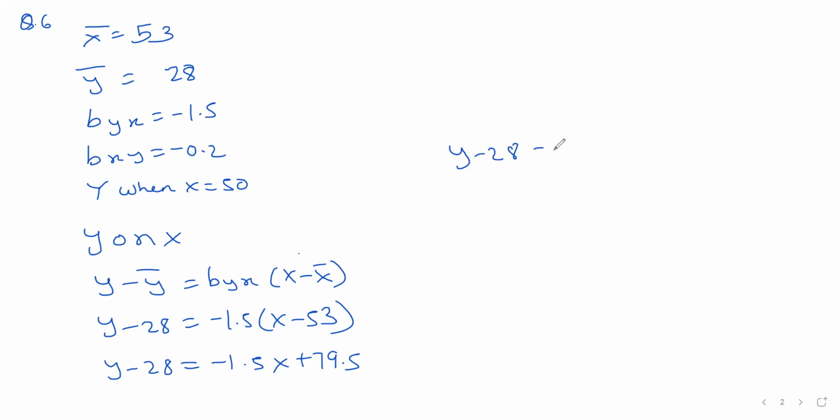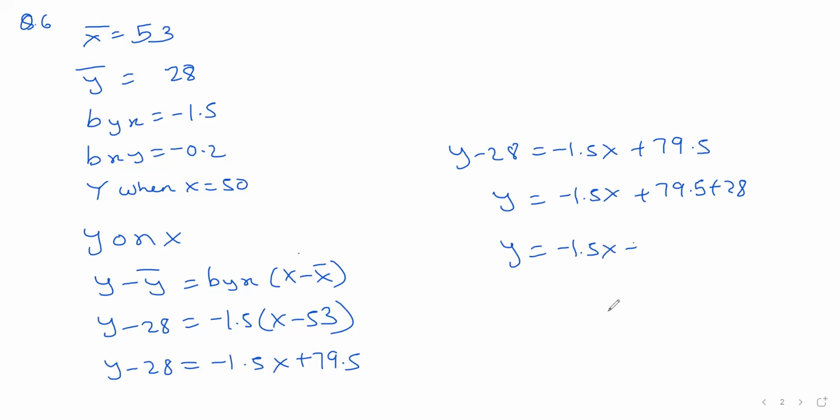Y minus 28 equals minus 1.5x plus 79.5. Y is equal to minus 1.5x plus 79.5 plus 28. Y is minus 1.5x plus 107.5. This is your equation of y on x.